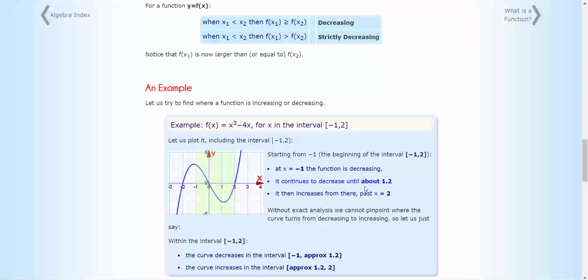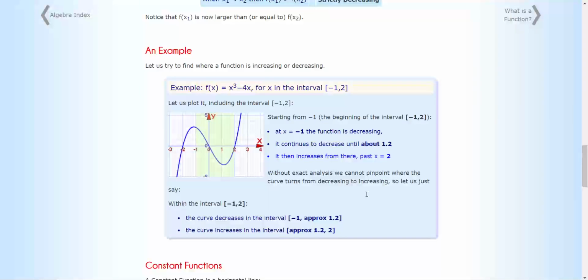It continues to decrease until about 1.2, then increases. Without exact analysis, we cannot pinpoint where the curve turns from decreasing to increasing. So let's just say within the interval, the curve changes.